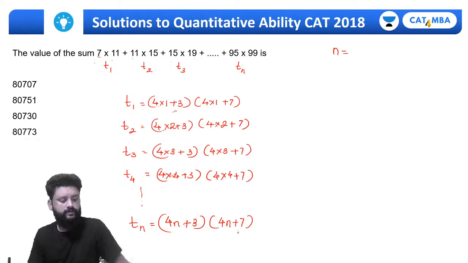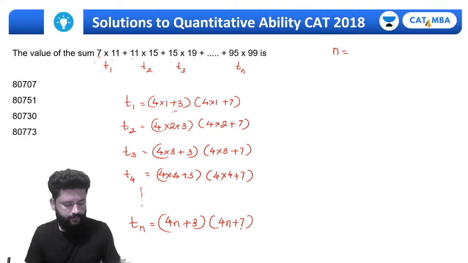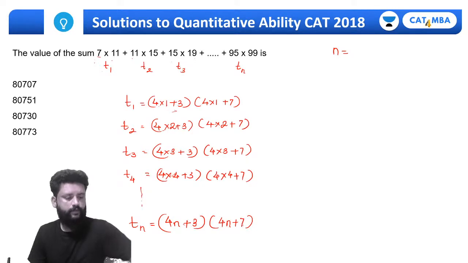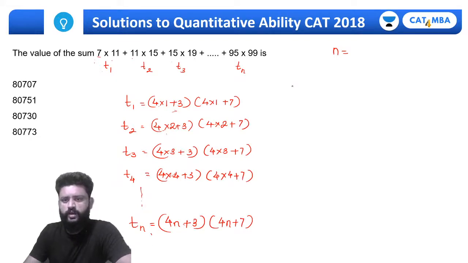That's the common pattern we have observed. So if I add this series, the summation must be the sum of (4n plus 3) into (4n plus 7).